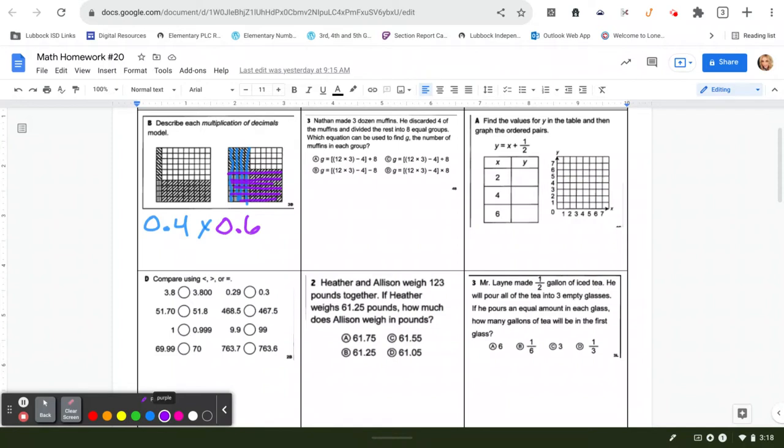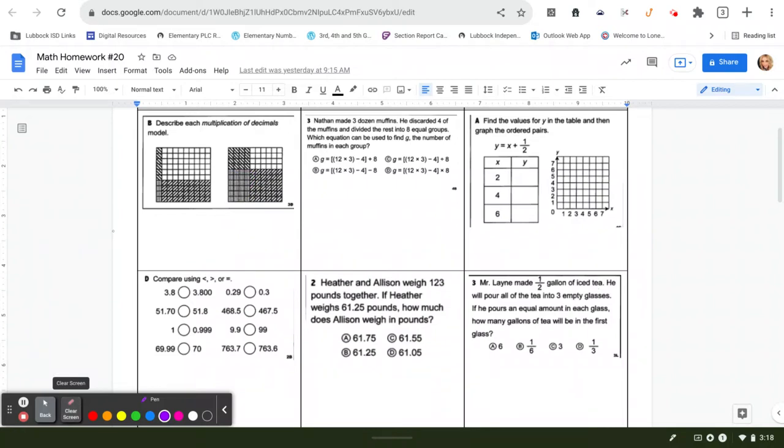Okay, so I want you to take a look right here where those colors cross. That's our answer. And remember, 1 cube is 1/100th. So determine the answer from there. If you want me to check it, let me know.